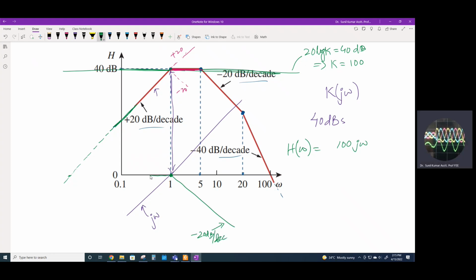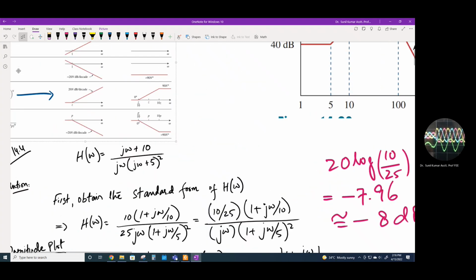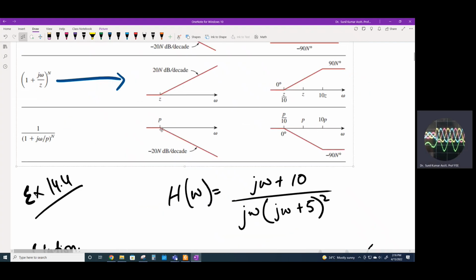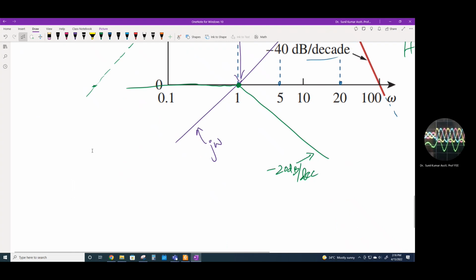Before omega equals 1, it should have a 0 value. So we write its equation in the denominator because it's a negative slope, and it's starting from omega equals 1. So I will write 1 plus j omega over 1. This is similar to this line here, where the value of p is 1 in our case.